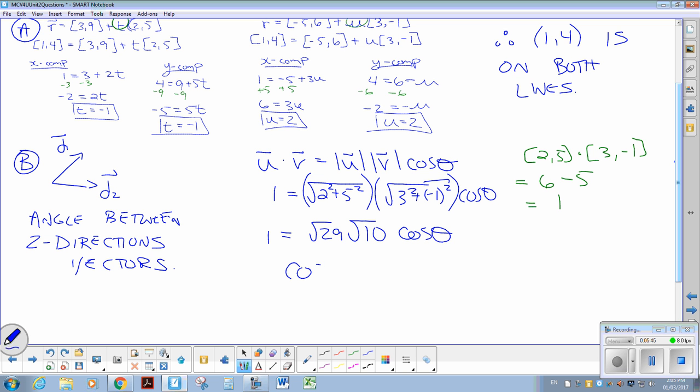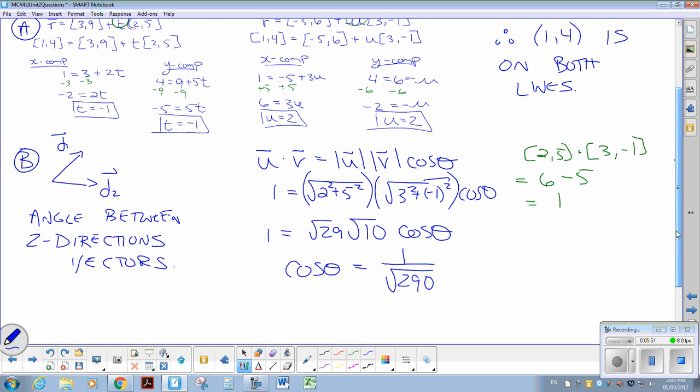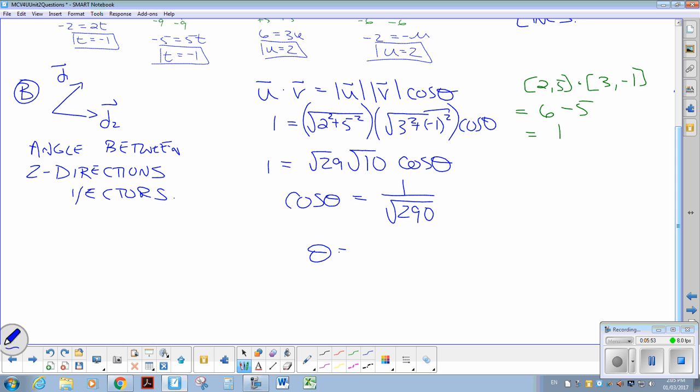So cos theta would equal 1 over the square root of 290. So the angle is the cos inverse of 1 over square root of 290. That's the angle between the two lines.